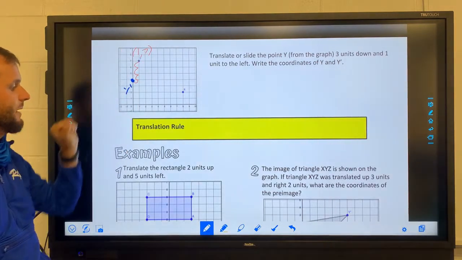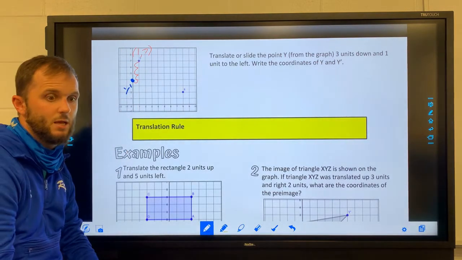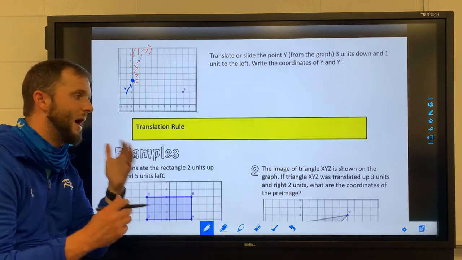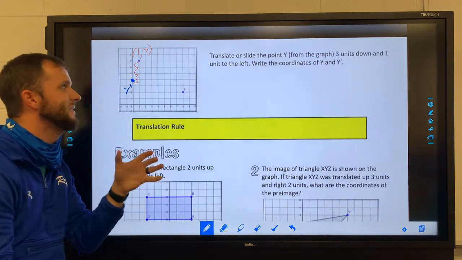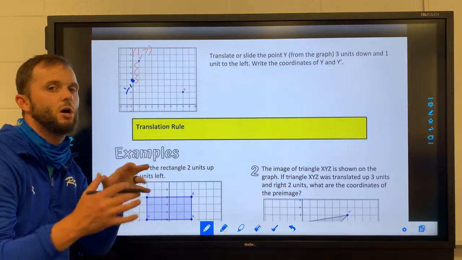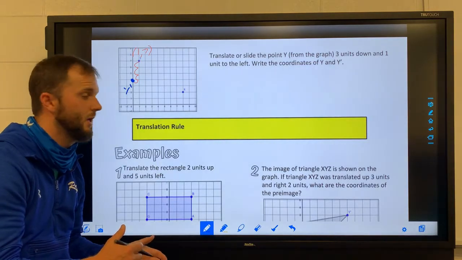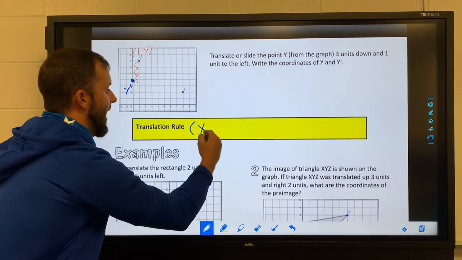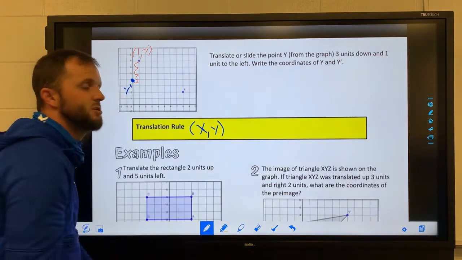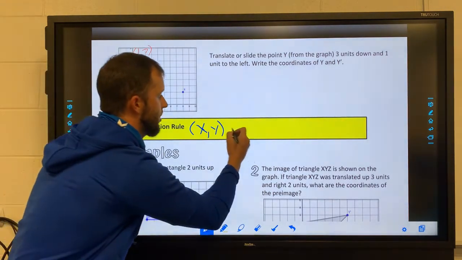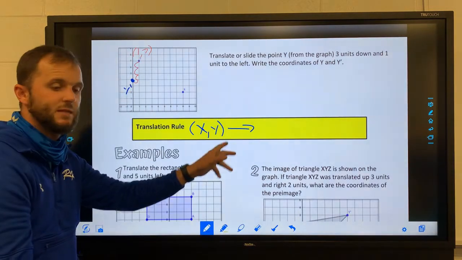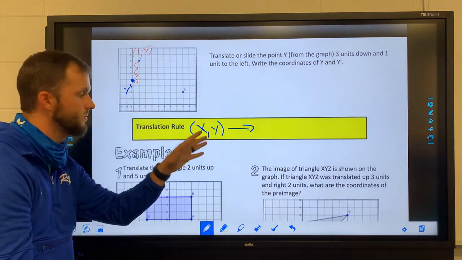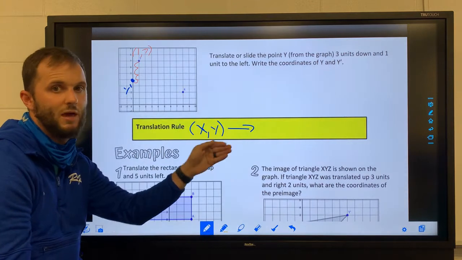You're taking a point and moving it across. Okay, so now by rule, or by definition, we have to make a definition for the translation rule. What I'm going to do is give an X and Y coordinate, which is my original point. I'm going to draw an arrow, which means translate, dilate, reflect, or rotate. It means something is changing to that point.